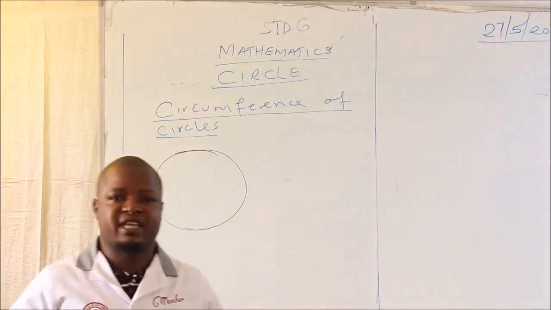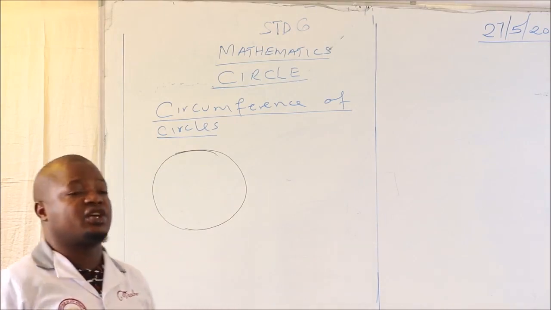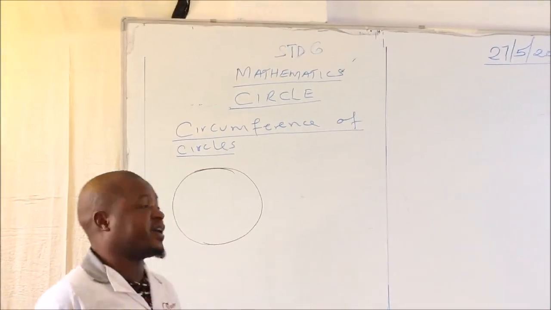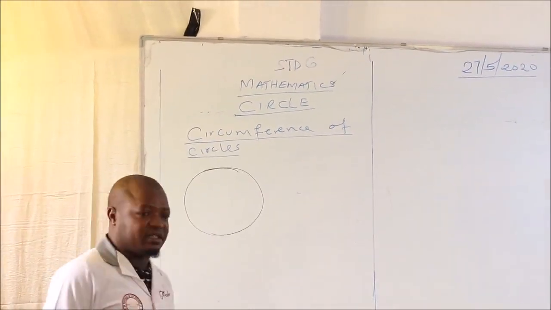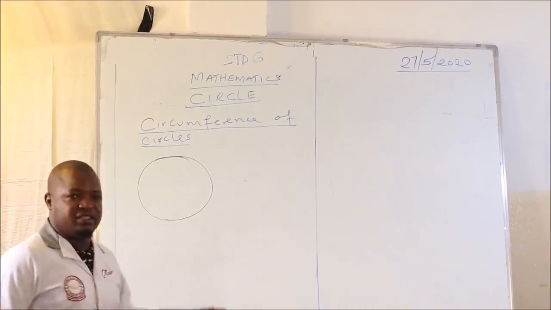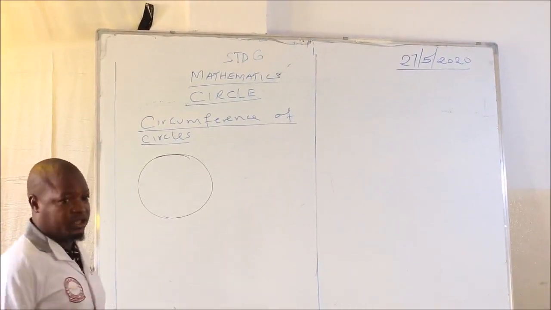Now, circumference of a circle is the total distance, the distance all around a given shape or figure. In our case here, we are going to look at the circumference of the circle. There are key points that we are supposed to know in order for us to tackle this topic.